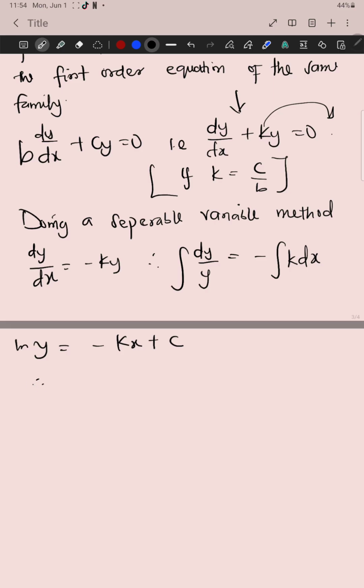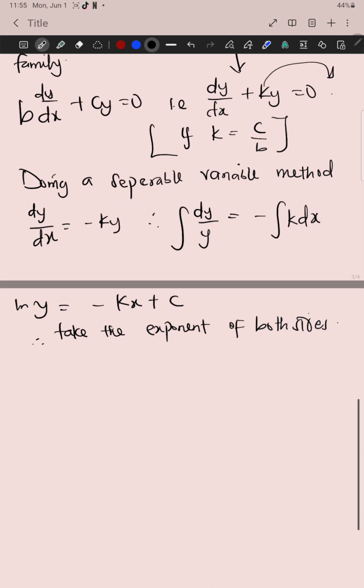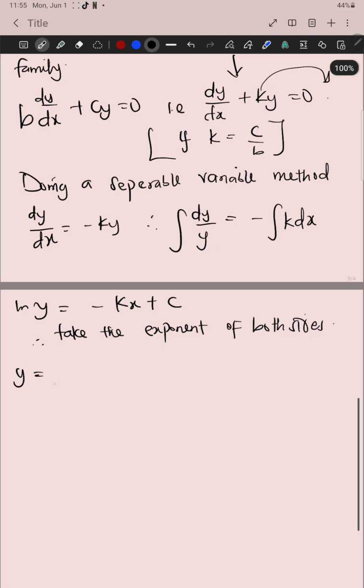And so taking the exponent of both sides, we're going to have y is equal to e to the power of negative kx plus c. The laws of indices tell us that this is e to the negative kx multiplied by e to the power of c.